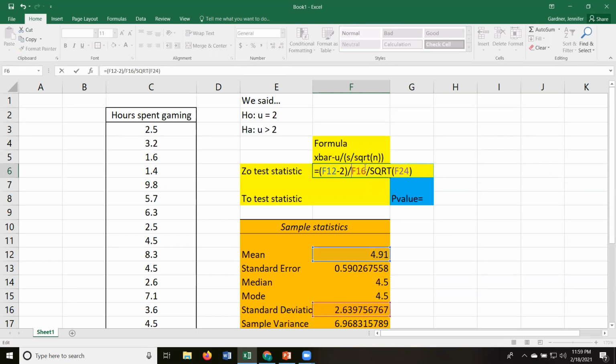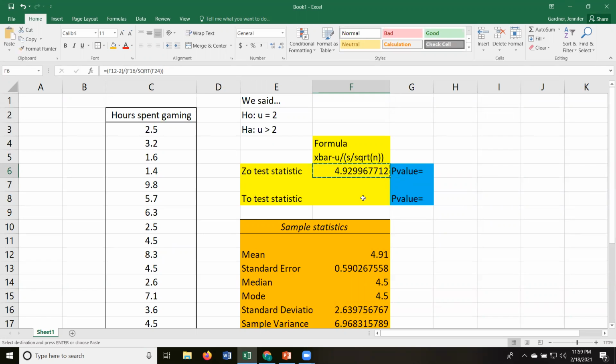I also like to put the bottom in parentheses so it knows to calculate that separately from the top. So just to reiterate what's here: x bar minus the population mean divided by standard deviation over the square root of n. That is how we calculate test statistic. And I'm going to hit enter.